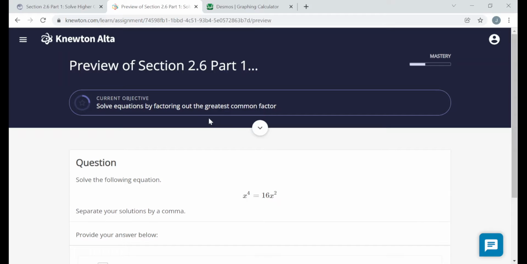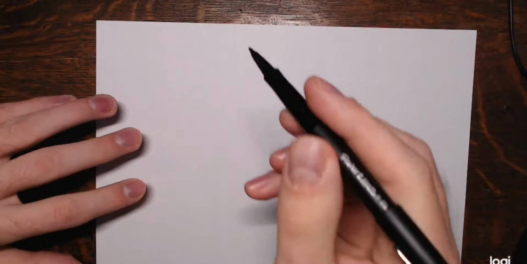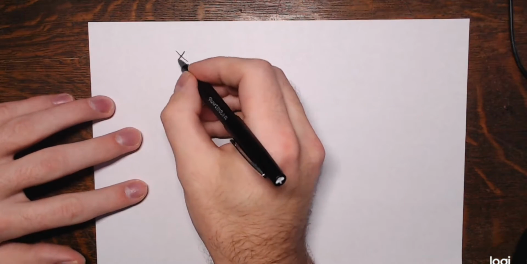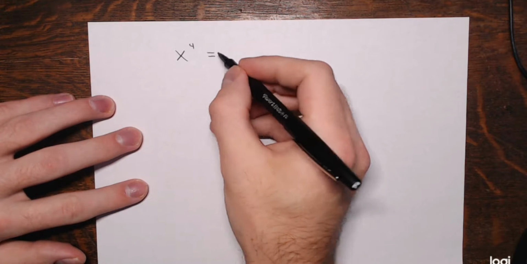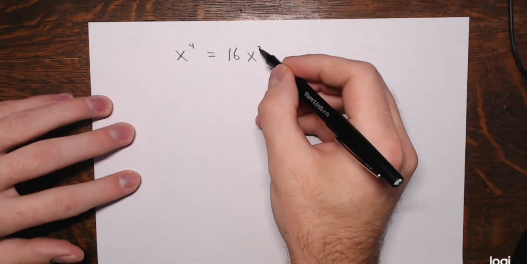Alright, so this is back to that greatest common factor deal. And it's pretty similar to the first equation I showed you in this video. Alright, so same thing, just going to write this out. Got x to the 4th equals 16x squared. So again, you get everything to one side.